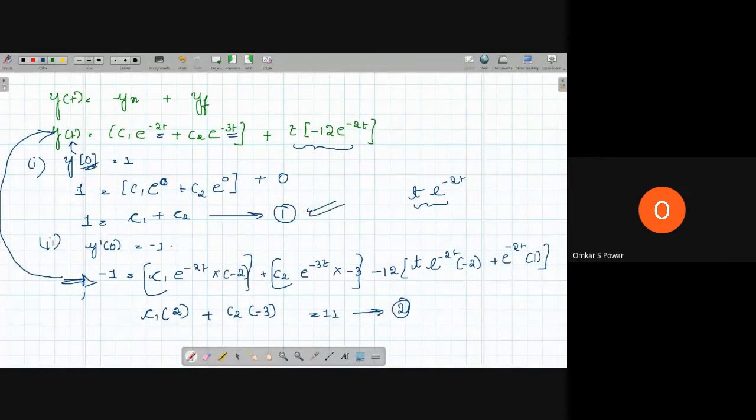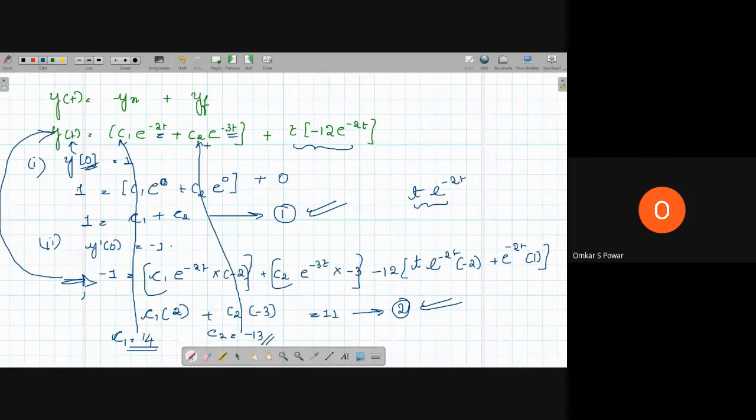Solve equation 1 and equation 2 with the help of the calculator, or you can do it manually, like two equations, two unknowns. You will end up with C1 value to be 14 and C2 value to be minus 13. So finally, you have to substitute the C1 and C2 values here.